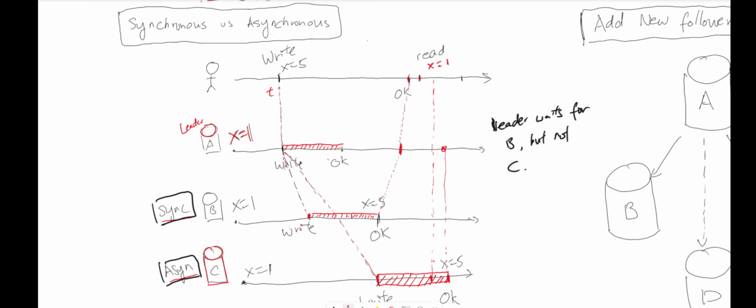And that's the consequence of using asynchronous: asynchronous allows faster response, faster latency, but we could read stale data, right? On the contrary, synchronous is slower, but we have guarantees.